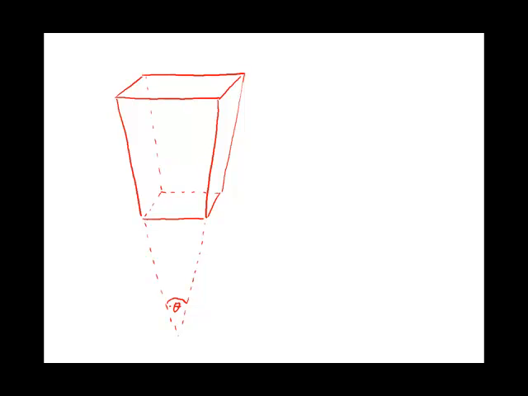What's given? This side is A. The height will be B. We had a discussion about what this B means.